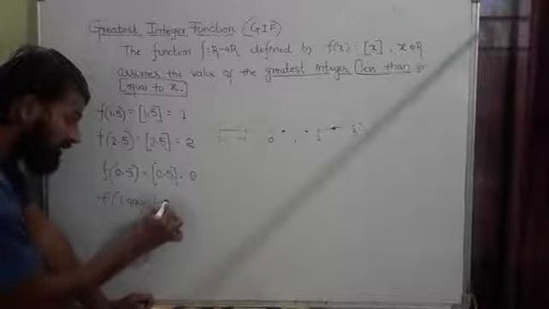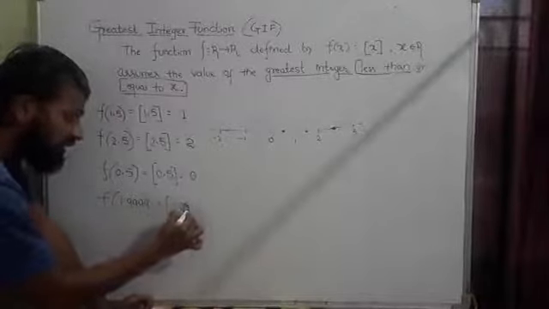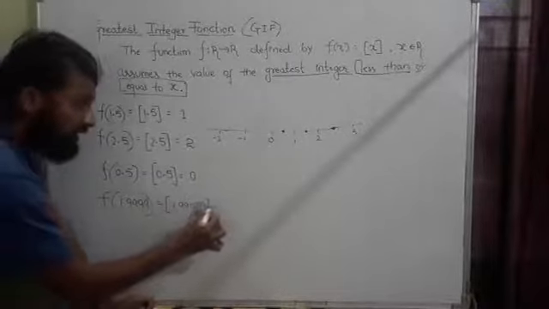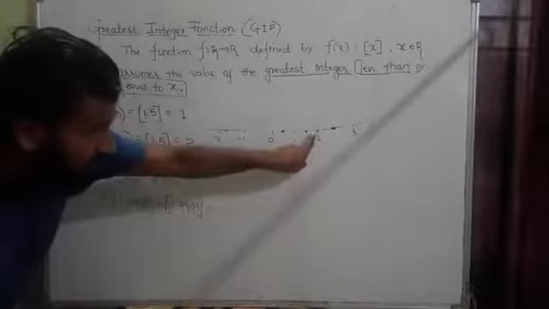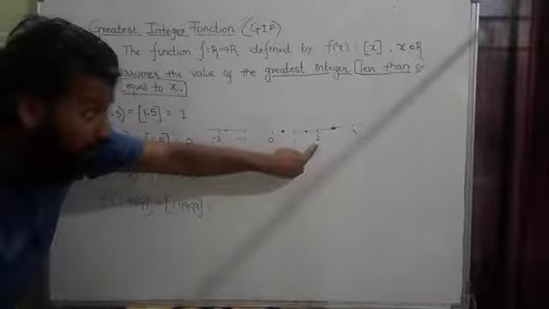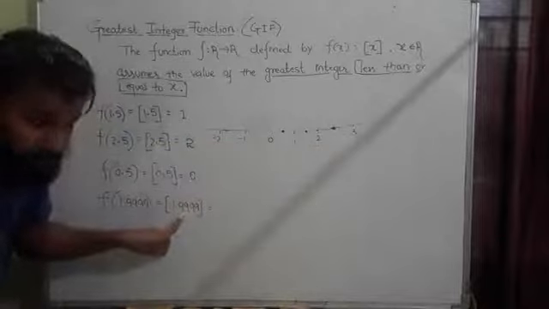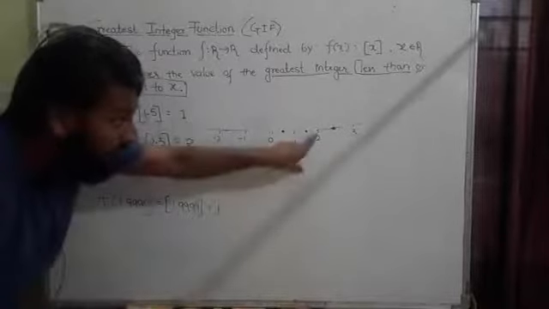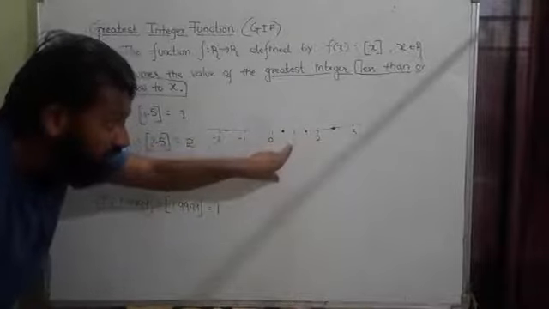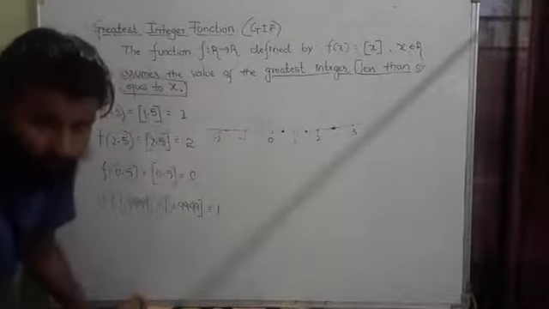Even if I ask you what is 1.9999, what will you say the answer is? Where is 1.999? 1.999 is somewhere here. Yes or no? 1.99 is somewhere very close to 2. But what will be your answer out of the box? Yeah, the answer will be 1, because for 1.99 to come, it has crossed the value 1.